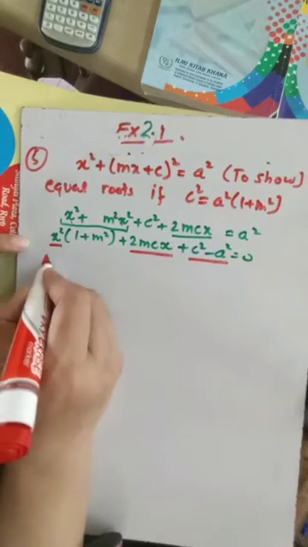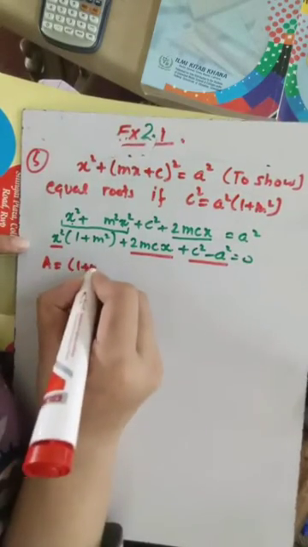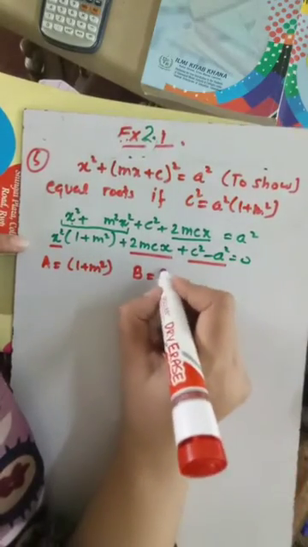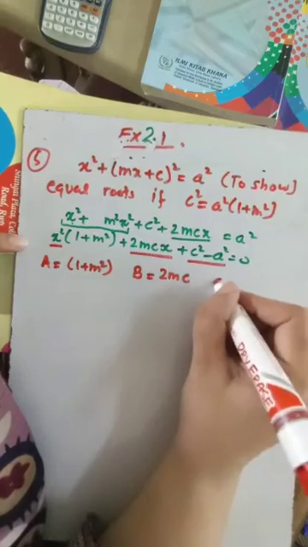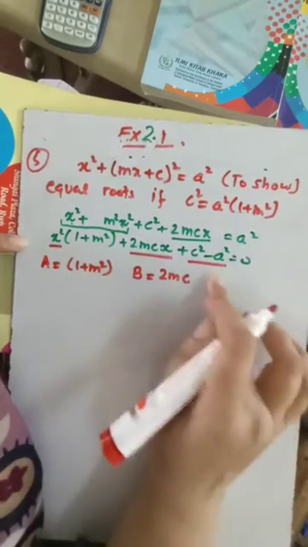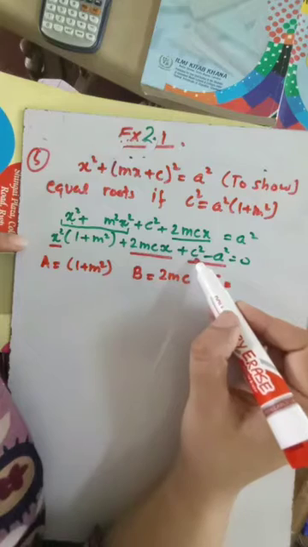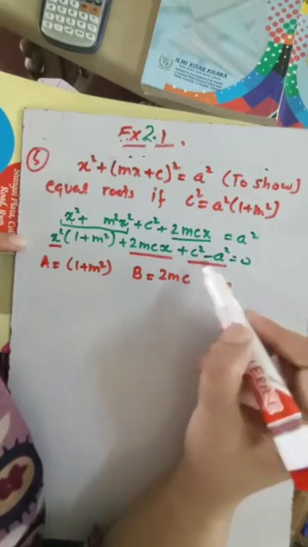okay. So over here a, the coefficient of x square, is 1 plus m square, b is 2mc, okay, and c, the constant, let me write capital C because we always have small c and small a over here.